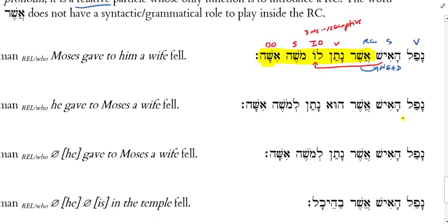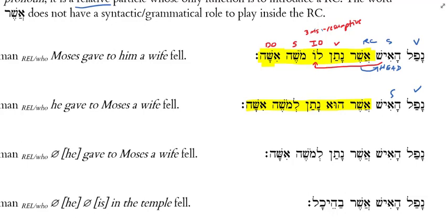All of these, by the way, start with the same verb and subject. Nafal ha'ish, the man fell. What about this man? I have an asher clause that modifies this man, don't I? What is the verb? Asher hu Nathan Moshe isha. What's the main verb, or the relative clause verb?